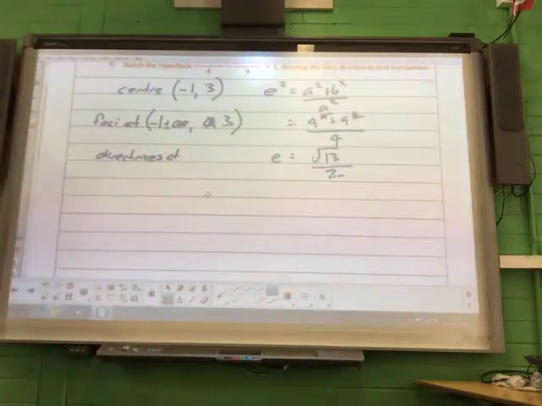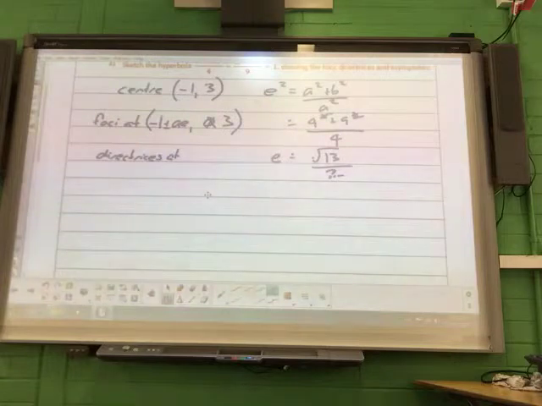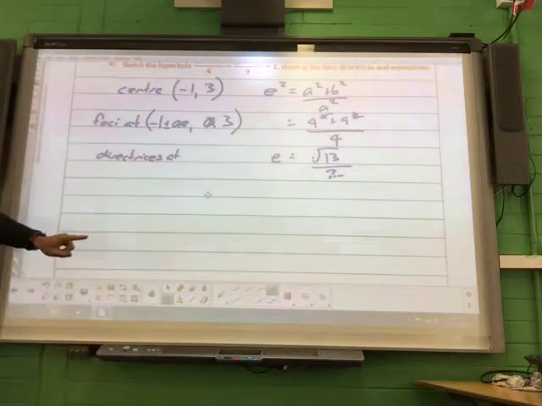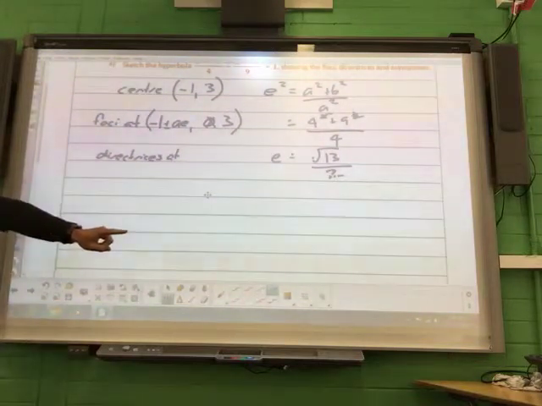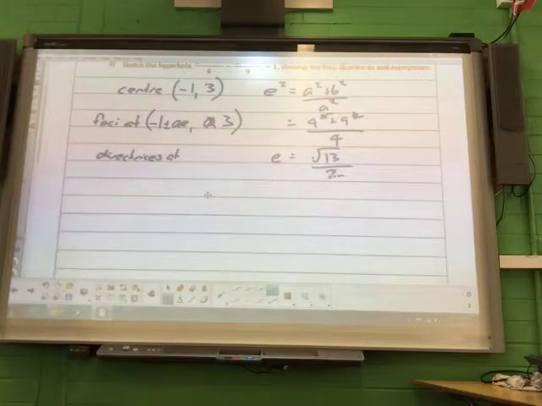Alright, so the directrices, will they intercept the x or y axis? If the foci are horizontally across here, and you've got your curve going like that, would you expect your directrices to be vertical or horizontal?